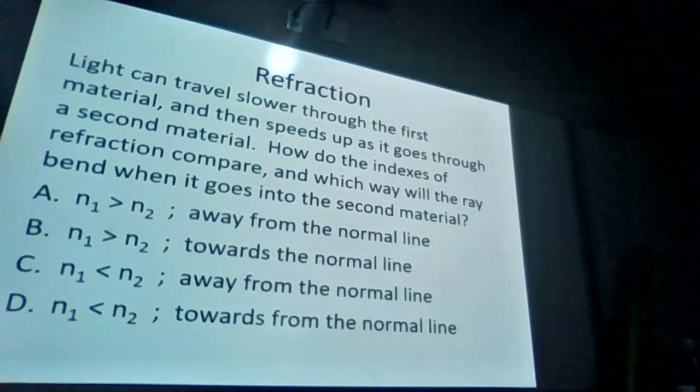Okay? At this point in time, you're just regurgitating the information that was presented on the pre-quiz. A is the correct answer. My hope is by the end of this lesson, you'll have more of an intuitive feel for why this is. Okay?